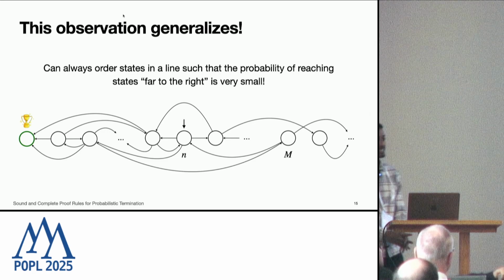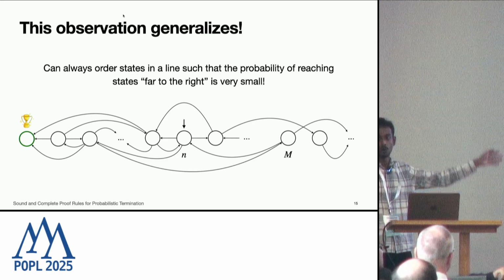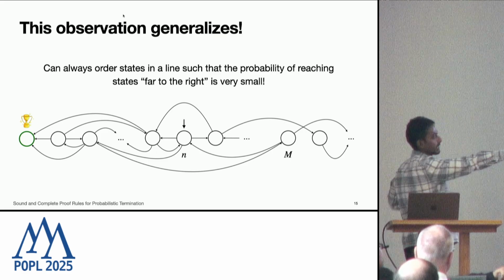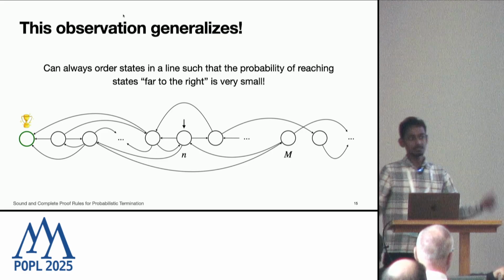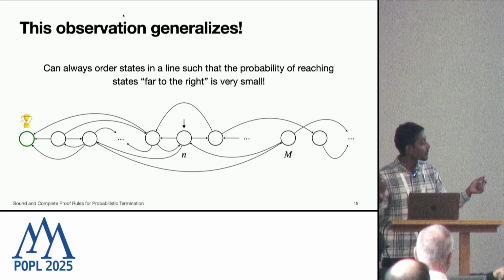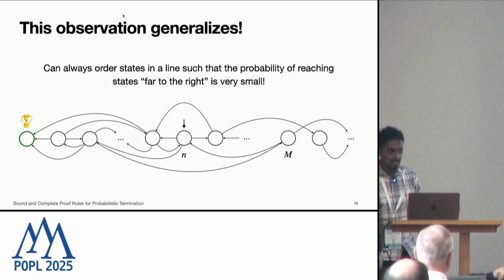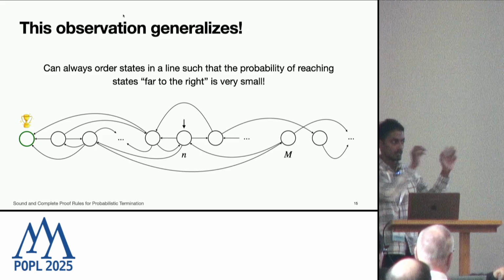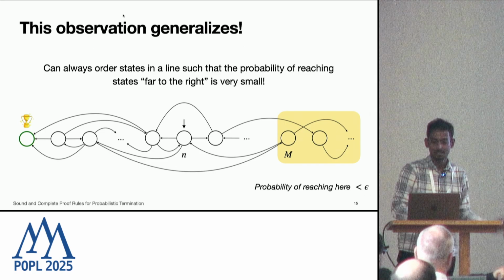It turns out that you can take a terminating program, order its states. And if you manage to do this, you can always show that the probability of reaching states far to the right of where you currently are is very small.